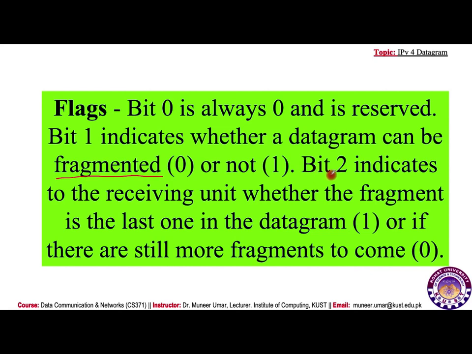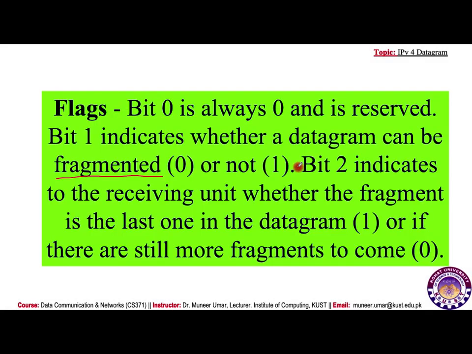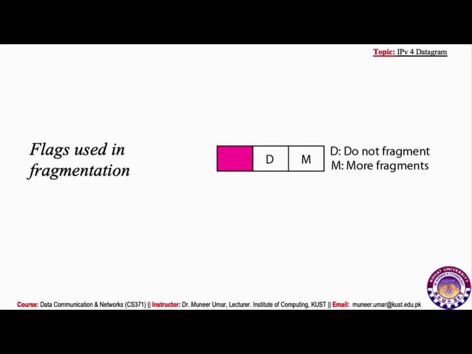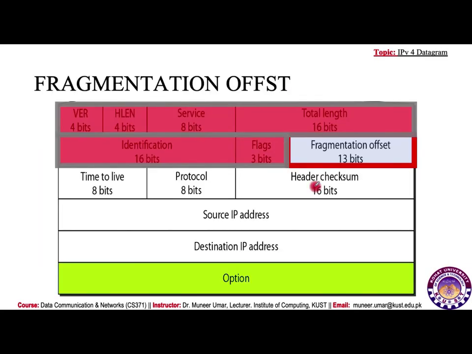So if the last bit in these 3 bits is on, meaning it has 1, then it would indicate that the fragment is the last one in the datagram. And if there are more fragments to come, then the last bit would be 0. For example, here we have 0, 1, and 0.